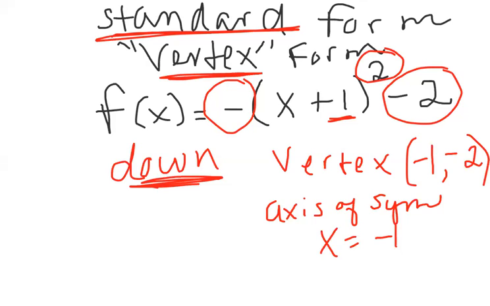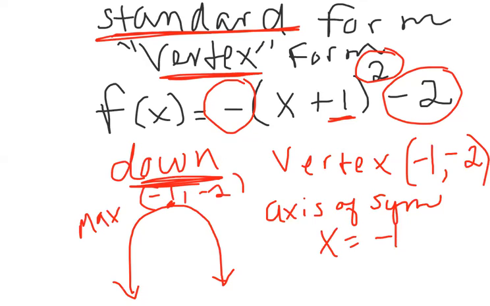So if it's opening down, the graph is going to look like this, sugar plums. Yes, Rihanna, max. So you're going to have a maximum at the vertex. It's a max because it's opening down.